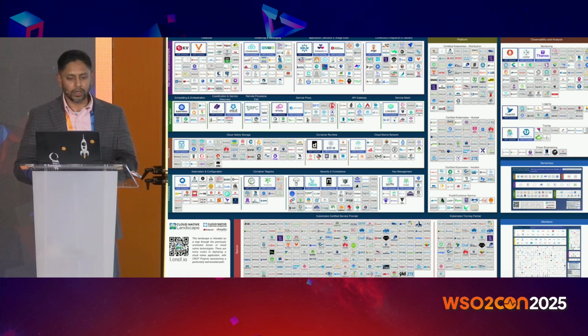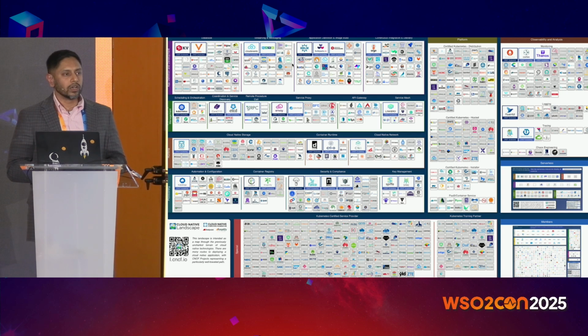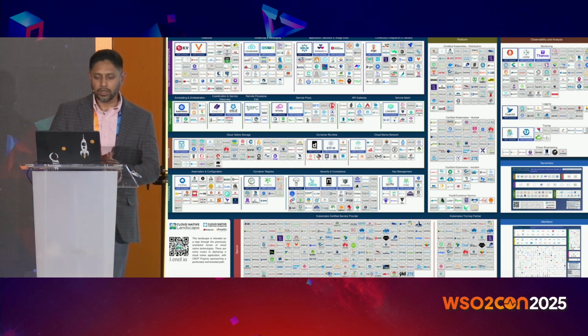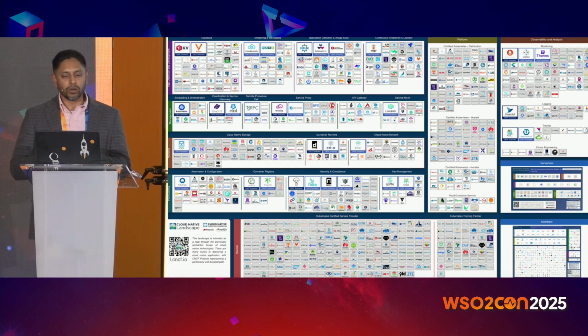And then streaming and messaging, and application and image building. So you have about 15 to 20 different choices to choose from when you are designing an application, when you are choosing a database technology. And it's not always easy to figure out what to use, because the choices are very large.